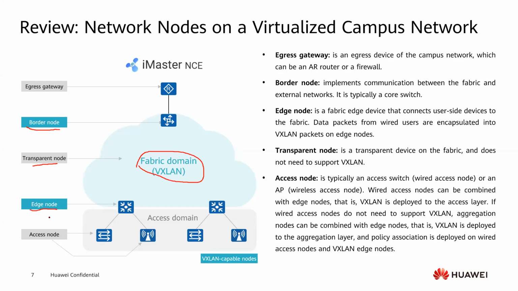If you deploy VXLAN across from the core to the aggregation, that means the edge node is the access layer node, which connects with the terminals. In this scenario, you can use the policy association to do the authentication process.